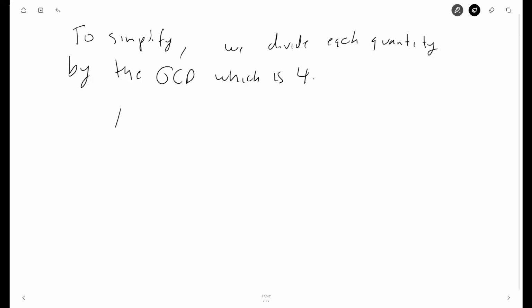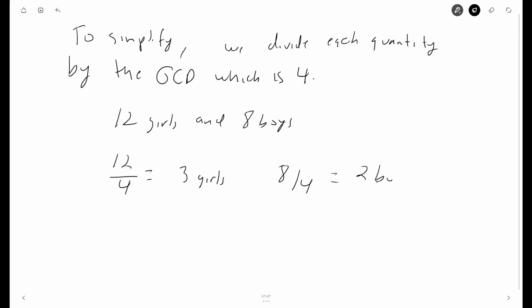That means that there are 12 girls and 8 boys. We divide 12 by 4, which is equal to 3 girls, and then 8 divided by 4, which is equal to 2 boys.